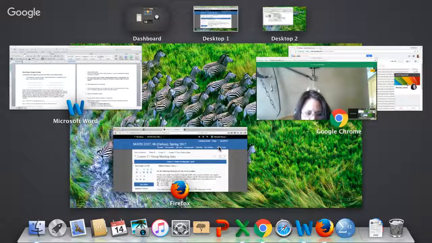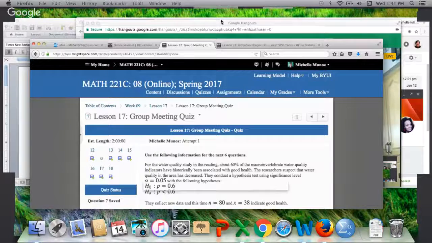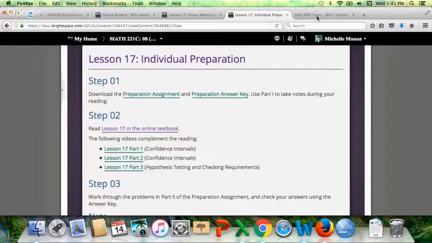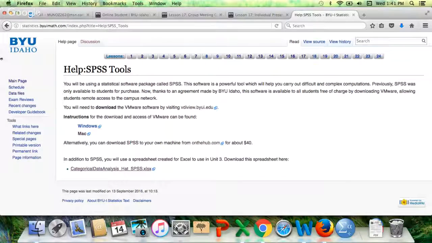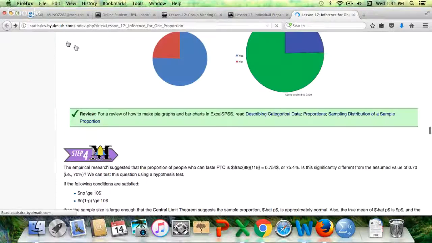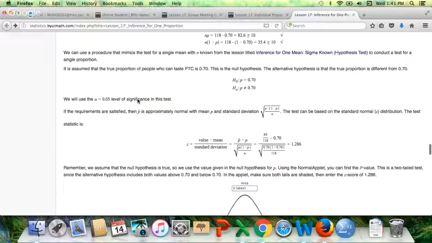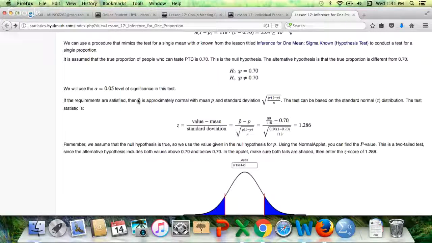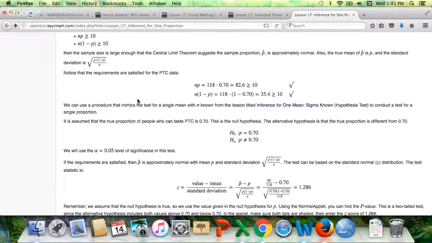And then it says, the following questions will guide you through. The two requirements required to conduct this are np is greater than or equal to 10 and n(1 minus p) is greater than or equal to 10. Are these requirements satisfied? We already know that's probably true. Yes, these requirements are satisfied. The null hypothesis is P is equal to 0.6. What is the alternative hypothesis? In this case, we want to know if P is less than, if it's decreased, right?